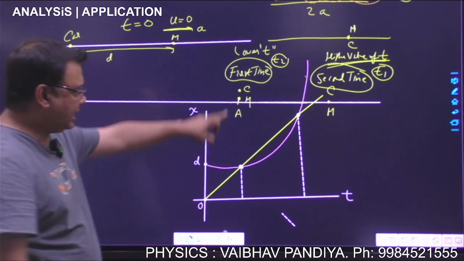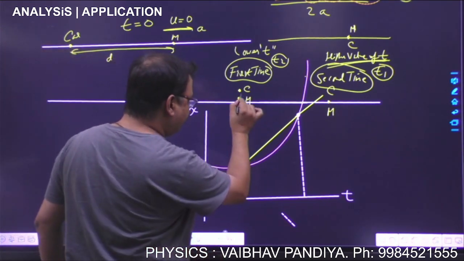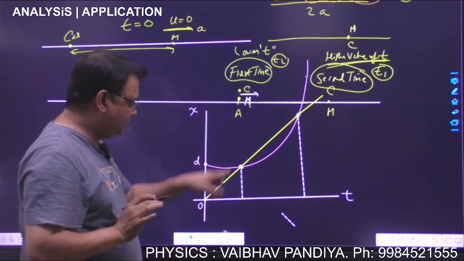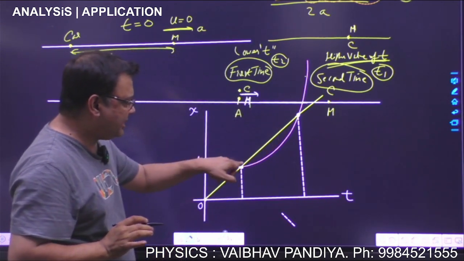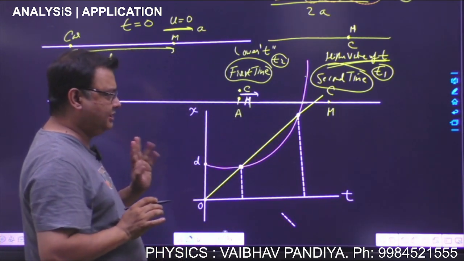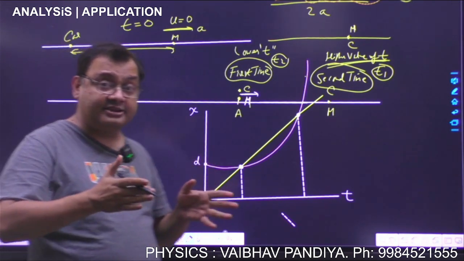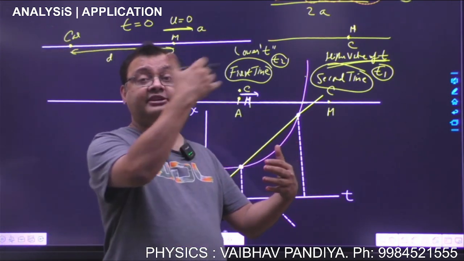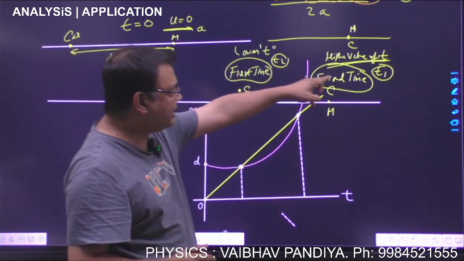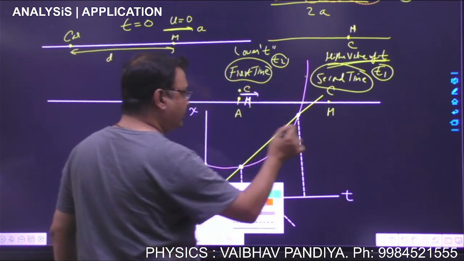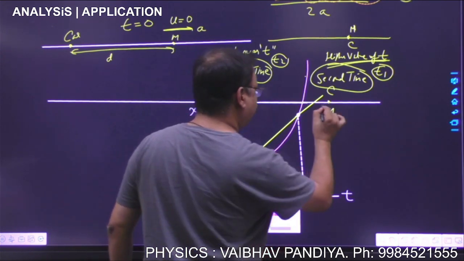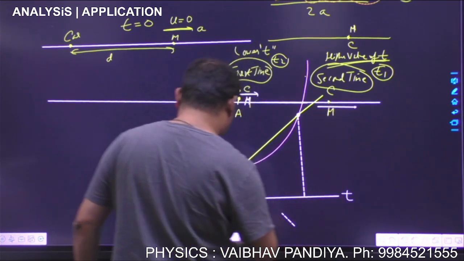At this time, the car is overtaking the motorcyclist and the motorcyclist will lag behind. See the pink line, this is the motorcyclist. Then, since the motorcyclist is having accelerated motion, his speed is continuously increasing. So one more instant will come when the motorcyclist is overtaking the car.